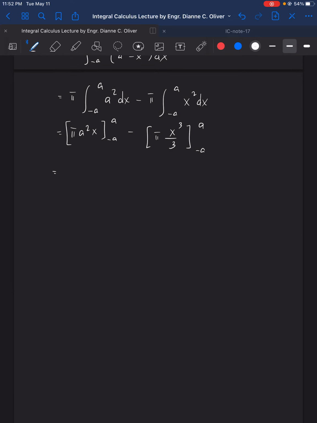Okay, so this is now equal to pi a squared, first the upper limit, a, minus the lower limit, pi a squared, negative a, minus pi times the upper limit, minus pi times negative a as the lower limit.